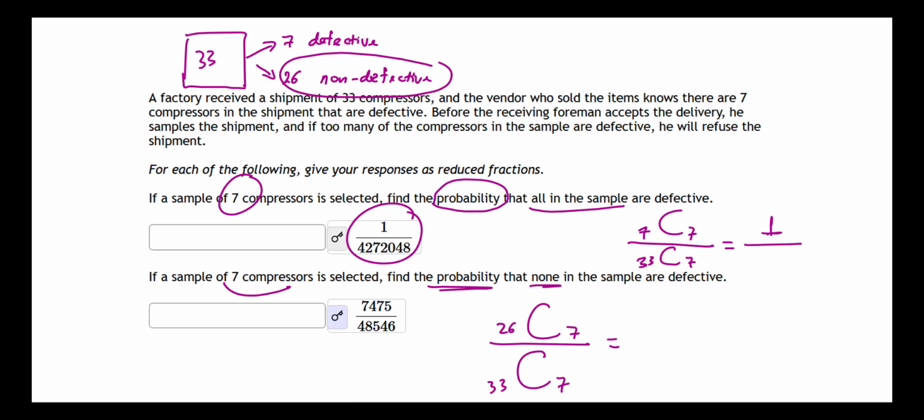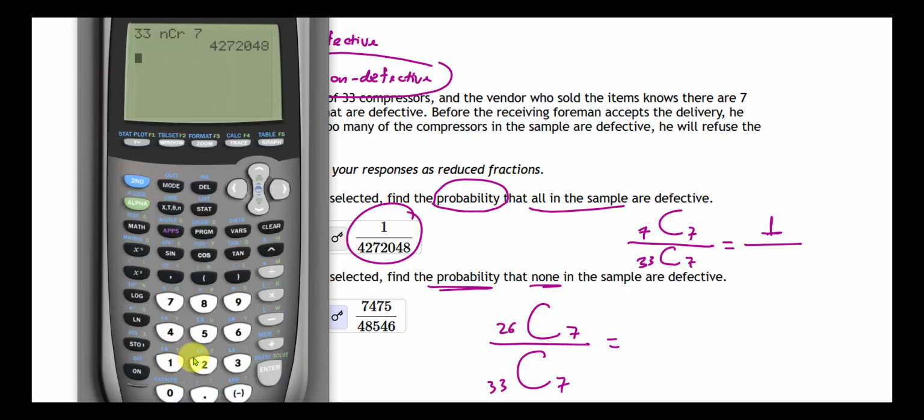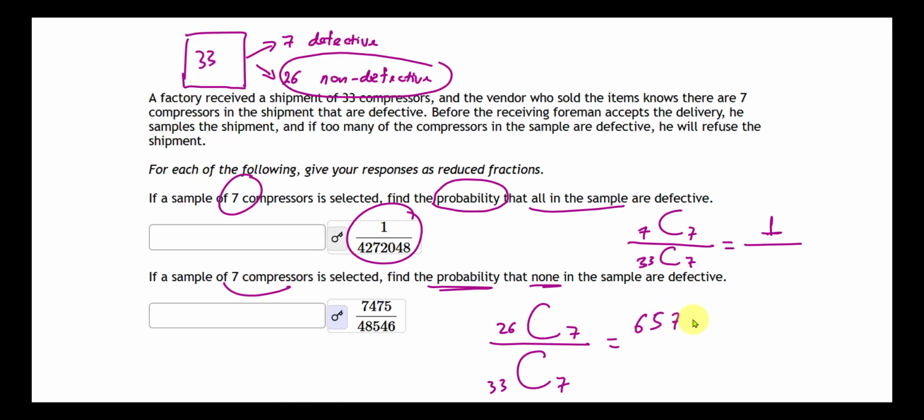And I can use a graphing calculator for this. I pick 26, go to math, PRB, pick C, and 7 on the top, which will give me 657800. And then at the bottom I would have the same thing, 33 choose 7, the same value, 4272048.